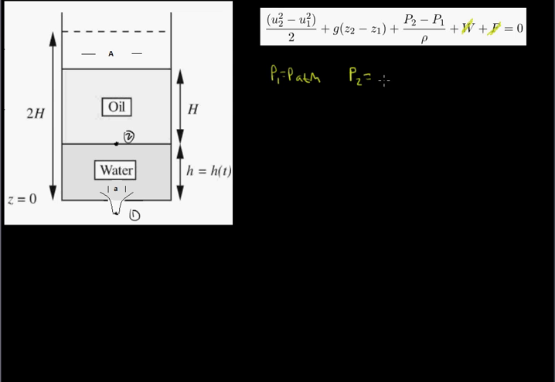P2 is going to equal P atmospheric plus rho of the oil times gravitational constant times the capital H. We know that we can basically neglect U2 here, again just because A is so much greater than lowercase a.